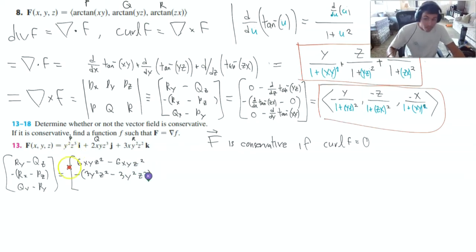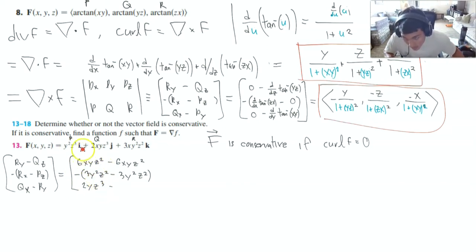Oh my god, look at it. Is it going to be 0? Will it be 0? That's the question. If it's 0, then it's conservative. Okay, and then q with respect to x. Again, you just erase the x right there: 2yz cubed. Then let's see.